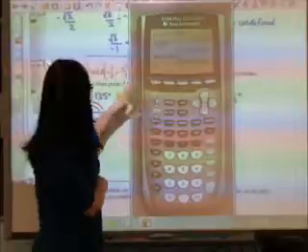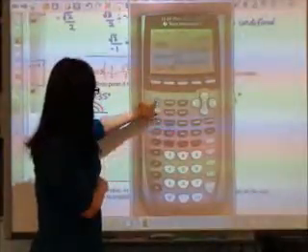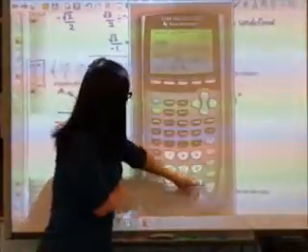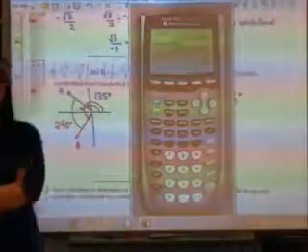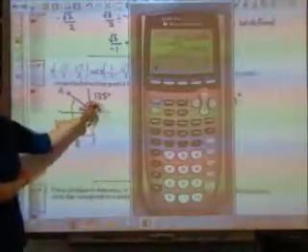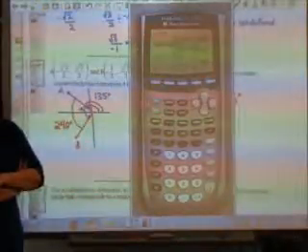This is cos, so if I went cos inverse root 2 divided by 2, I get a 45-degree angle. That's my reference angle. So then I go 180 minus 45, and there's my 135 degrees.